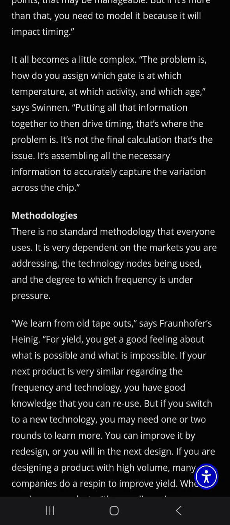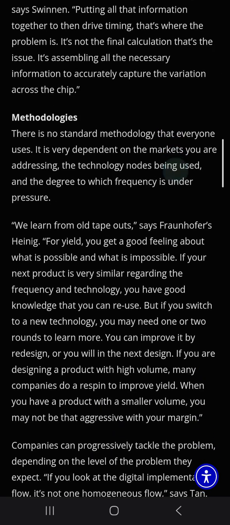Methodologies. There is no standard methodology that everyone uses. It is very dependent on the markets you are addressing, the technology nodes being used, and the degree to which frequency is under pressure.